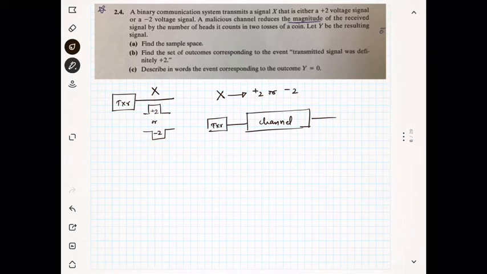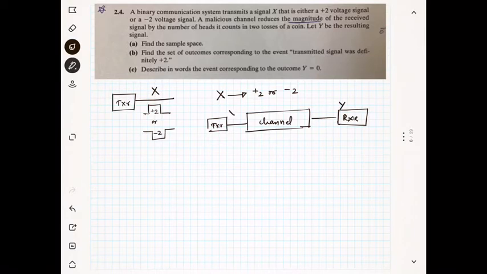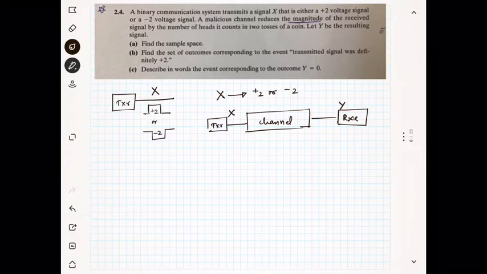Then this is your receiver, and the receiver gets an output Y. This is transmitting X, and the receiver is getting the output Y.